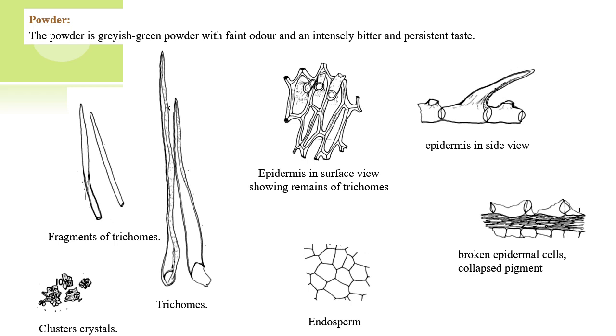Epidermal cells in surface view with the remains of hairs, and part of the epidermal cells in side view with the underlying nutritive layer. Fragments of the endosperm, trichomes with one lignified rib at the side, fragments of the lignified rib from hairs, and clusters of calcium oxalate which exist in the pigment layer below the hyaline layer.